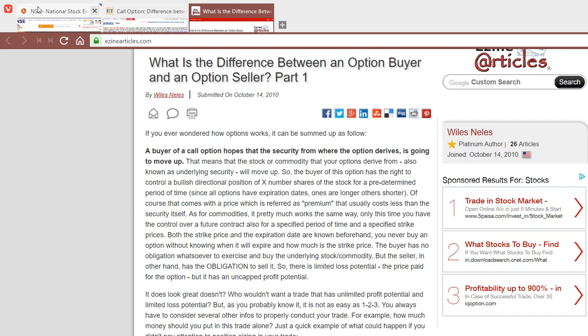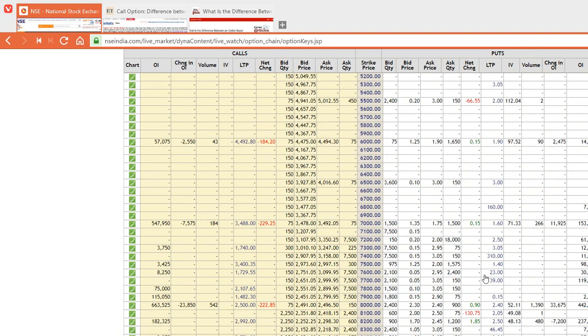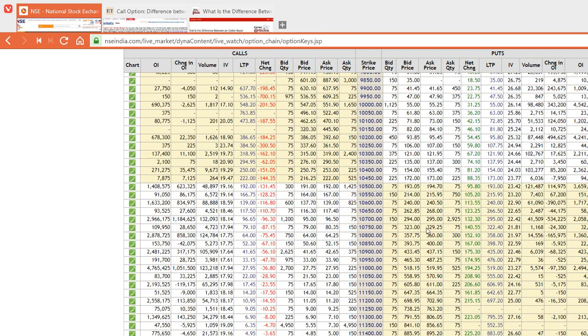So I'm just going to take you to the NSE option chain page, and as you would see here, this is change in open interest. So what is open interest? Open interest is the place where there are many sellers available. So these are basically sellers.